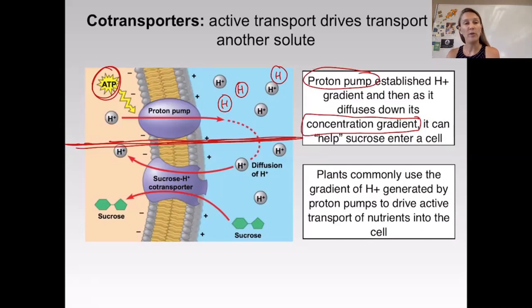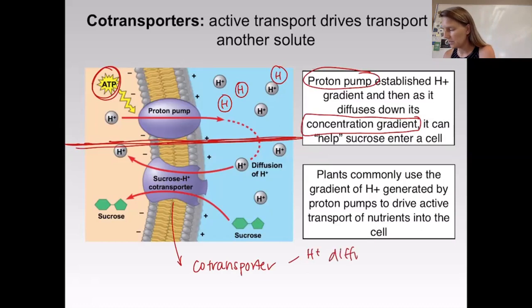So what we've done is we have added what is called a co-transporter, where hydrogens are flowing down their concentration gradients, but at the same time, they take a partner. It's like, giddy up, guys. Let me grab a sucrose.